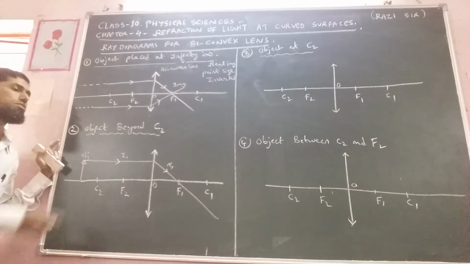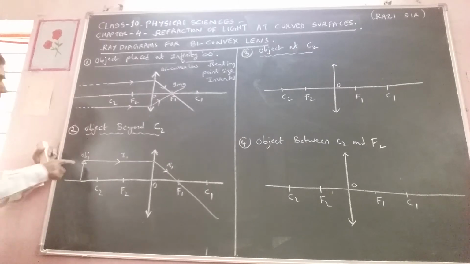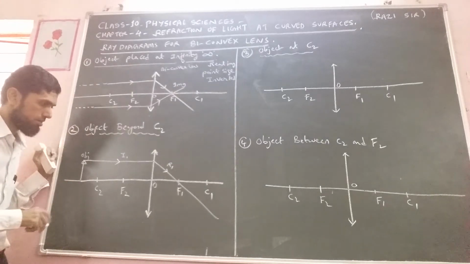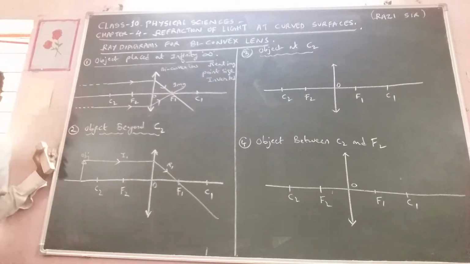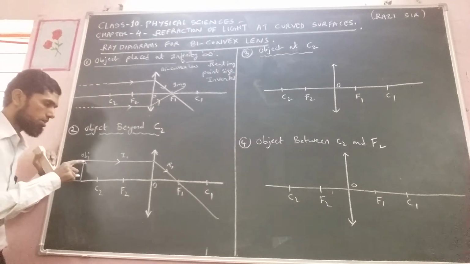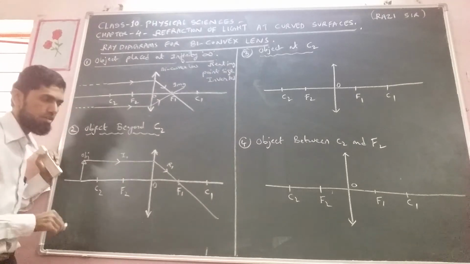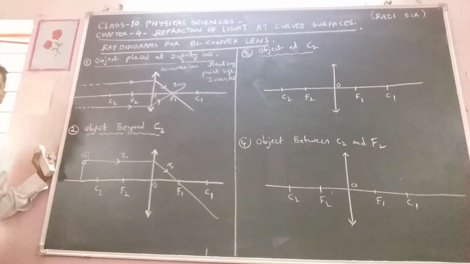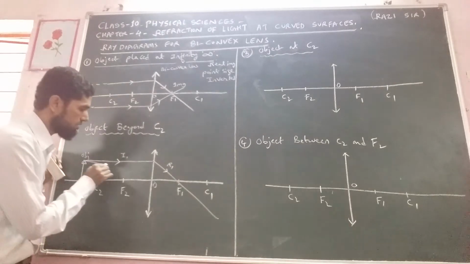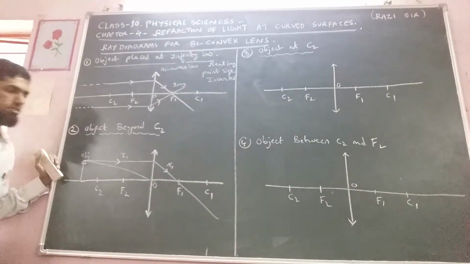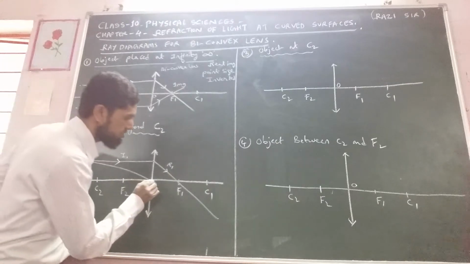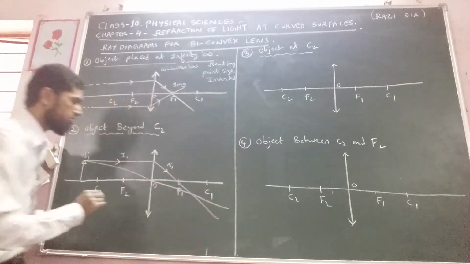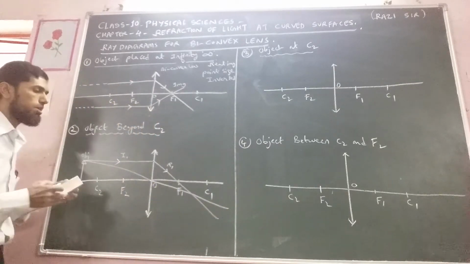And we can start another ray from the top of the object. So we take the third rule. According to the third rule, a ray which is passing through the optic center will not change direction. So where do we get the image?